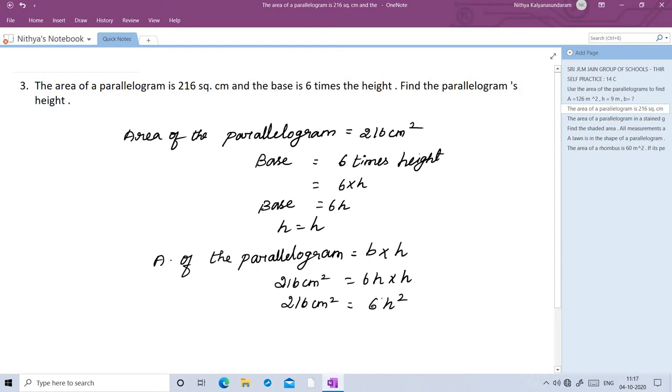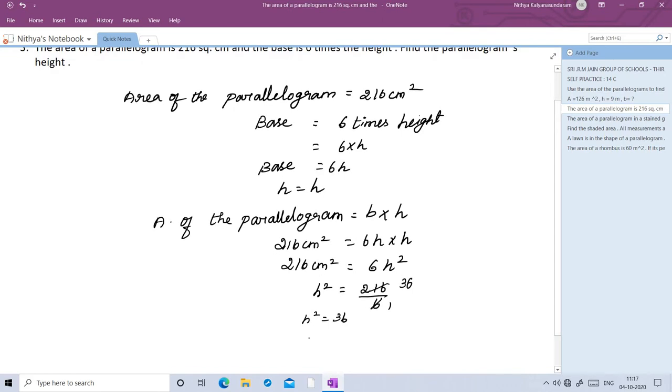It is a multiply, so if you are bringing it to the left hand side, it should be divide. So h square is equal to 216 by 6. We can cancel in 6 table. 6 3s are 18, balance is 3, 6 6s are 36. So h square is equal to 36. We want to find height, so h only we want to find.